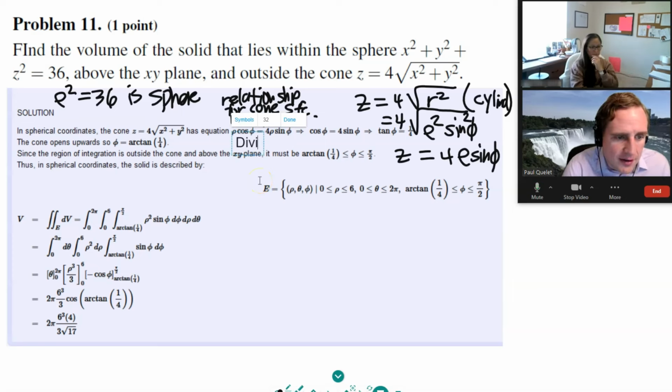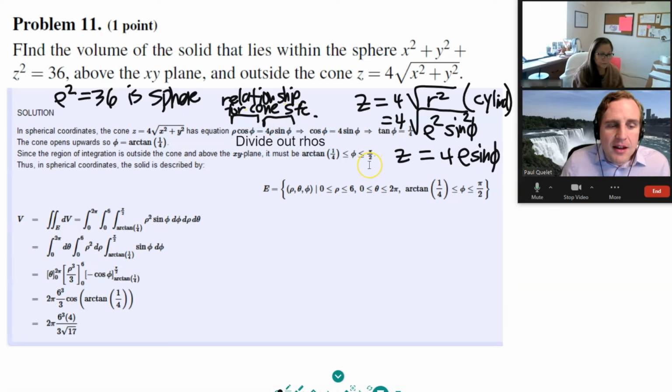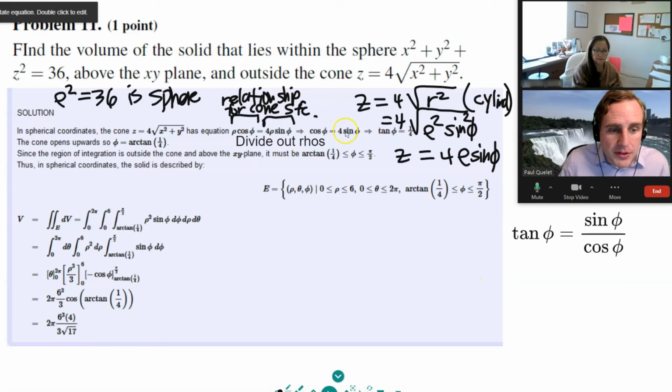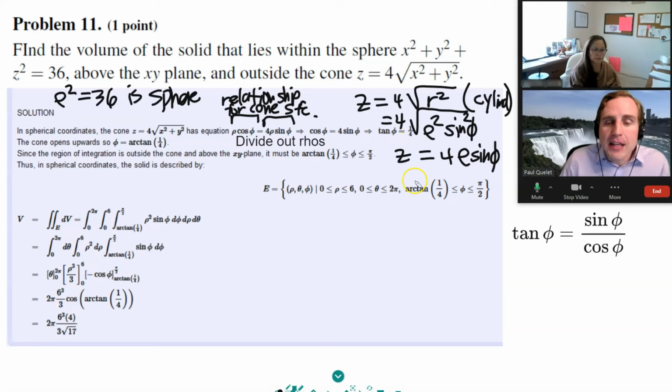Divide out the rhos, okay? And then sine over cosine is tangent. Remember your trigonometric identities, right? Tan of phi is equal to sine phi over cosine phi. So that's what they used here. So then, notice that they've got tan phi equals 1/4.